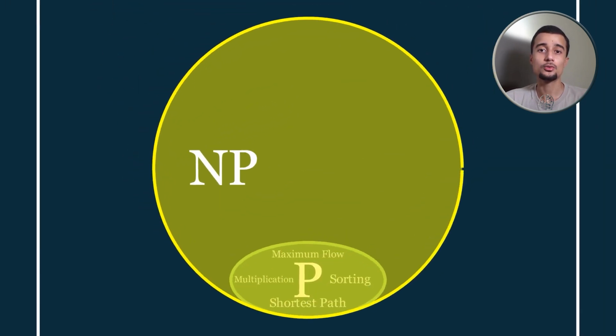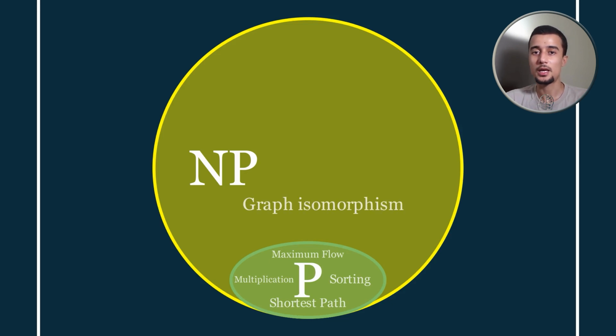So now let's move on to more complex problems. And we have the NP class, which, as I said, stands for non-deterministic polynomial time. And the very well-known example of this class is the graph isomorphism problem. And this is a decision problem that tries to answer the question, can we find an isomorphism between two graphs?